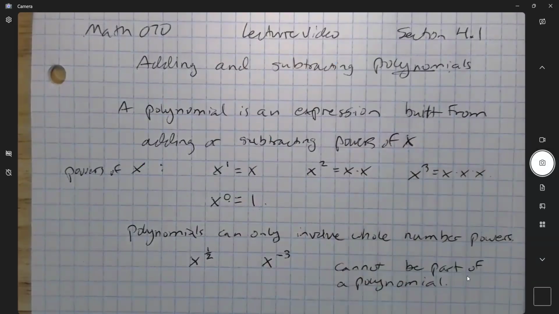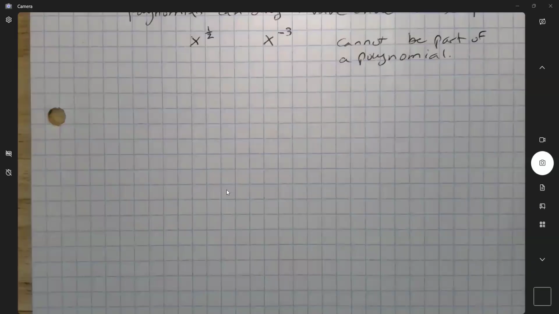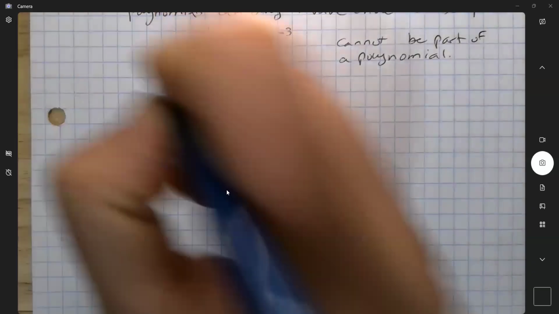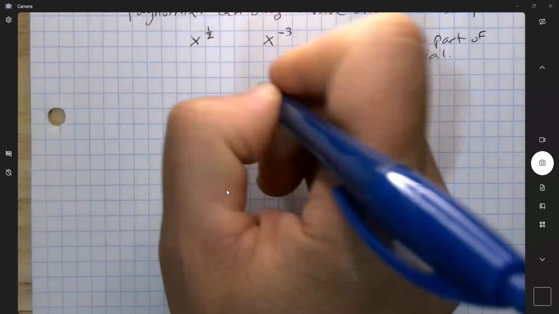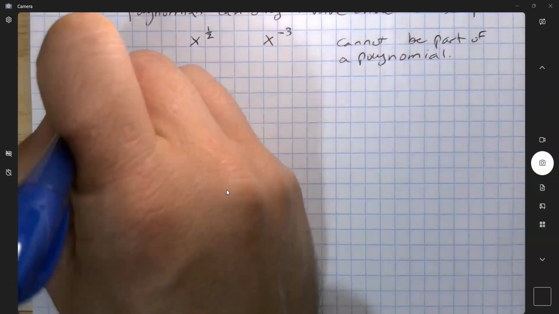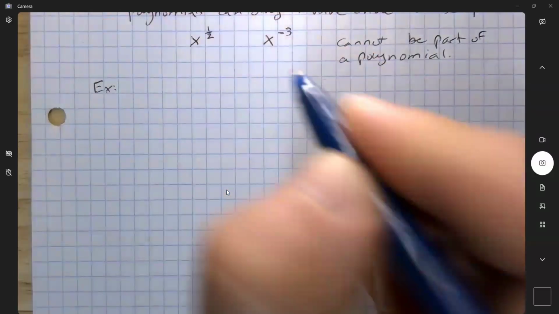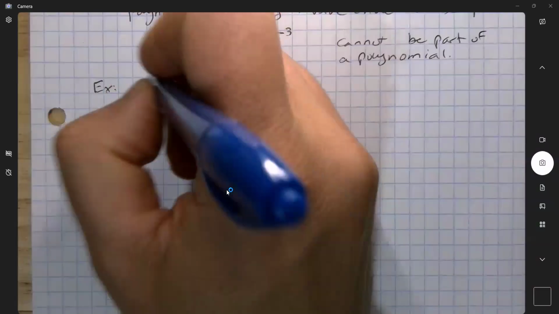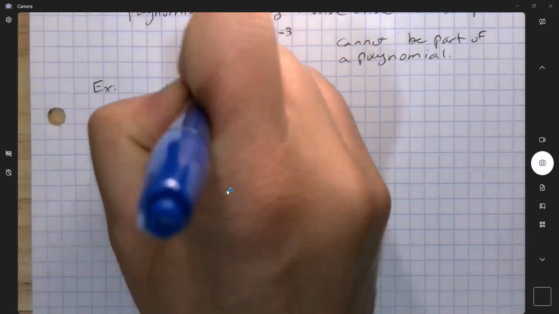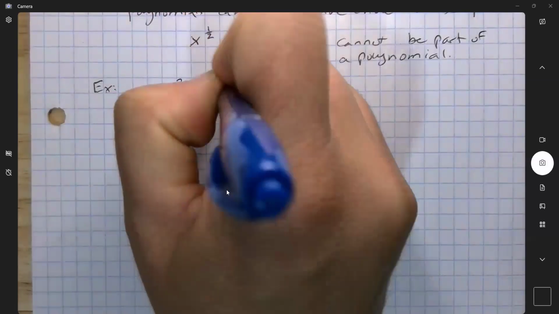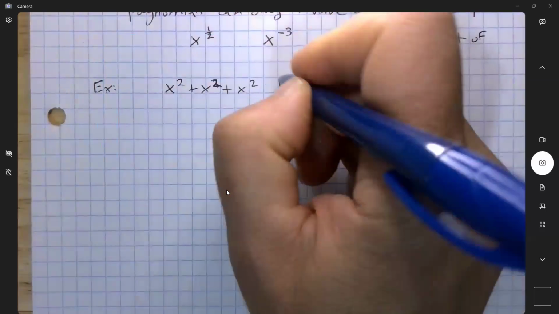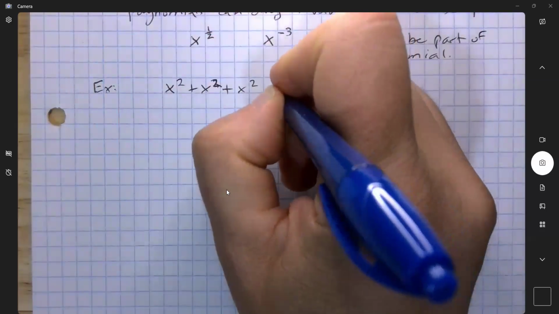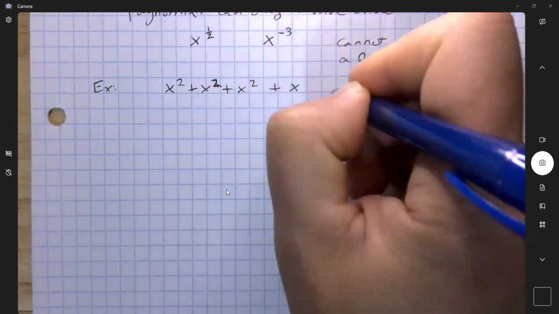Okay, now that we've talked about what the powers are, let's build them to make a polynomial. So to make a polynomial, we simply add up powers of x. So let's pick as an example, let's add up a couple powers of x squared and x to the first. I'm going to take 3 of my x squareds and 1 of my x's.